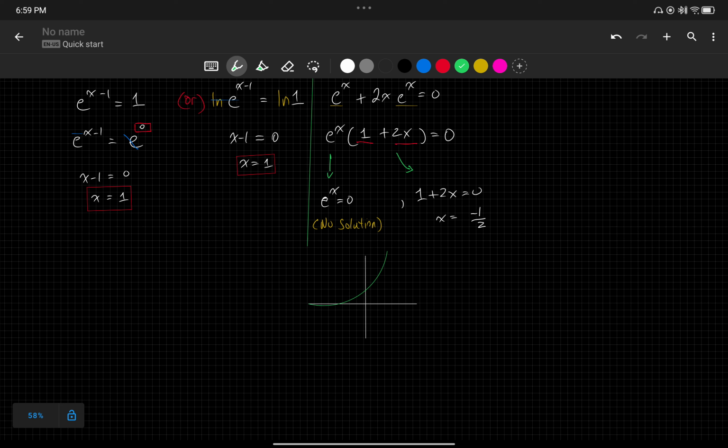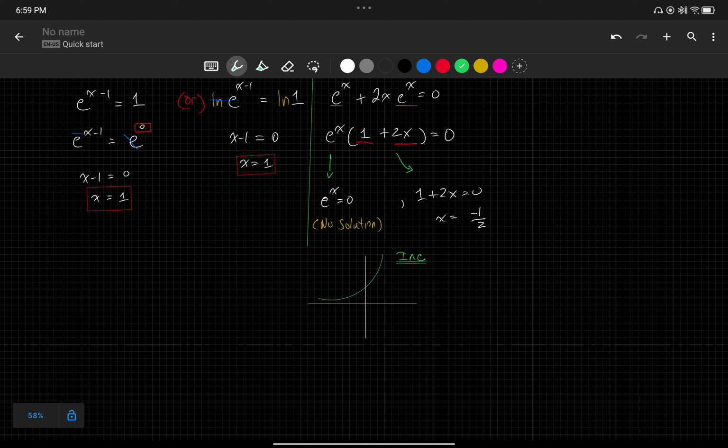Oops, that's not good enough. Let's try that again. That's better. So e to the x is increasing, and it's increasing and it never touches the x-axis.